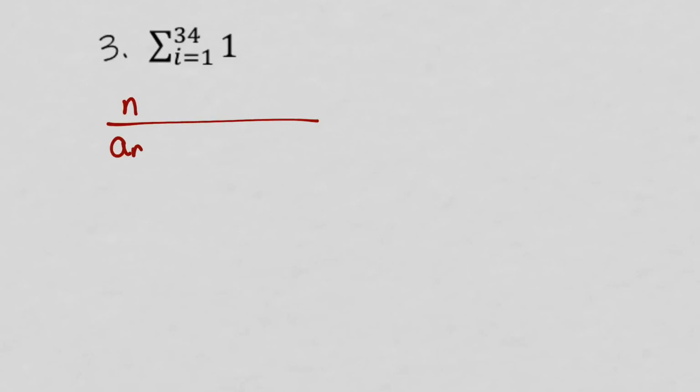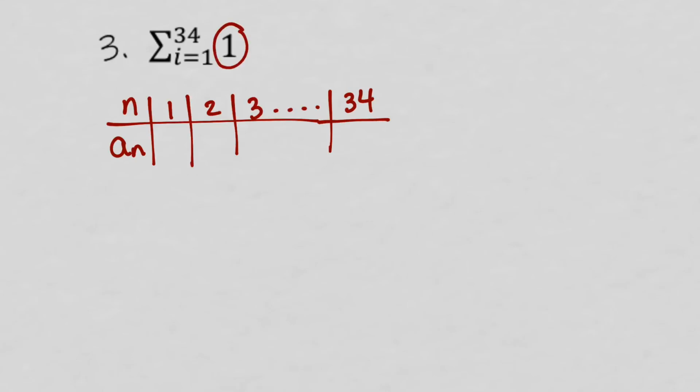And if I come down to number 3, this one looks a little different. It goes all the way from the first term to the 34th term. So I could go ahead and write my table, starting at the first term, and it's going to keep going all the way to term 34. And this just tells me there's no variable in it.